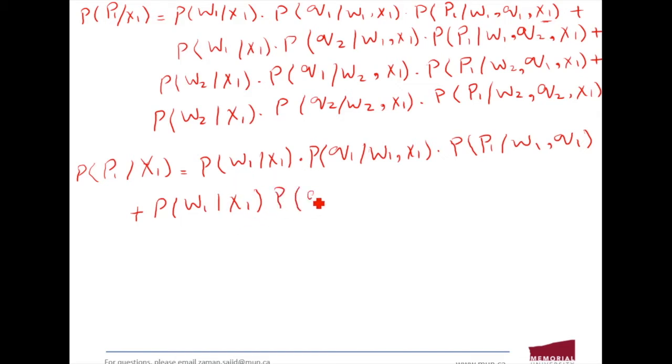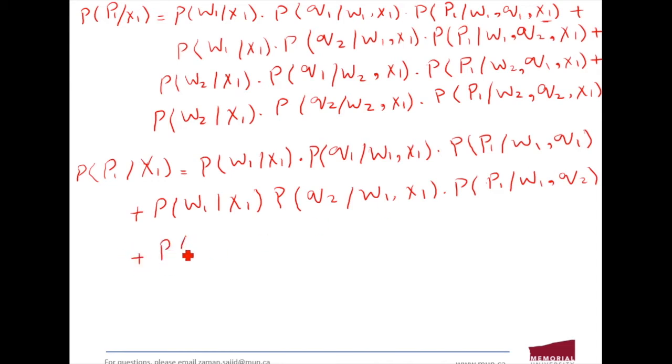Probability of Q2 given W1 and X1, times the probability of P1 given, now in this one we will have W1 and Q2, plus the same rule applies on the third term.